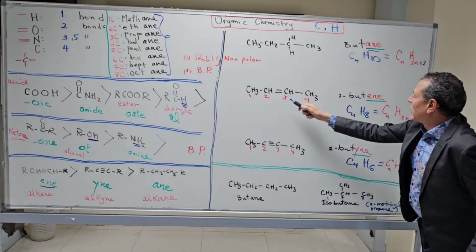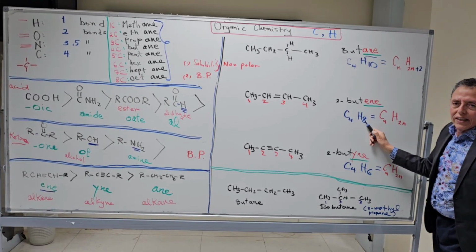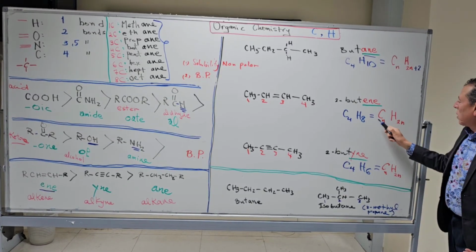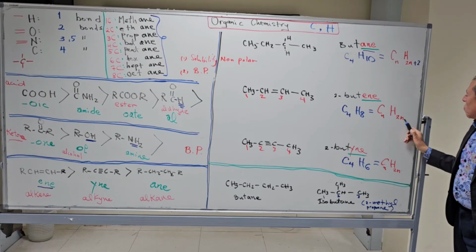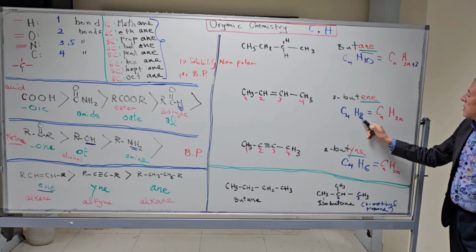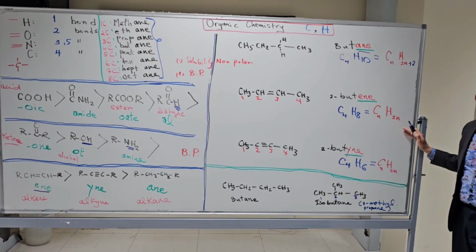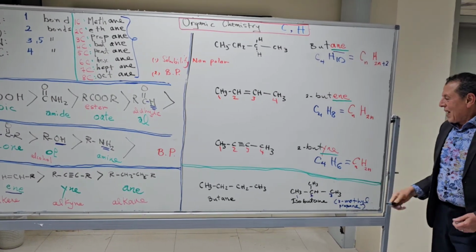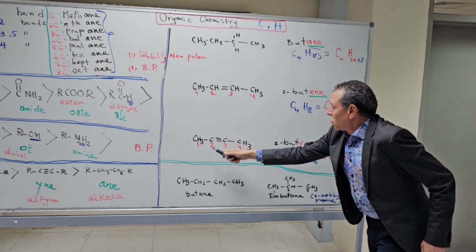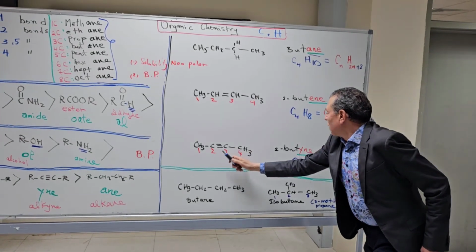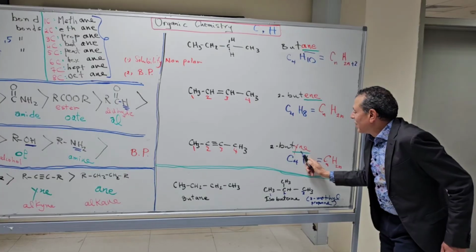Then you calculate how many carbons? 4. How many hydrogens? 8. If you apply the rule, 4 multiplied by 2 is 8, so it should be CnH2n, right? When it is a triple bond, the nomenclature is the same way, then it is 2-butyne.